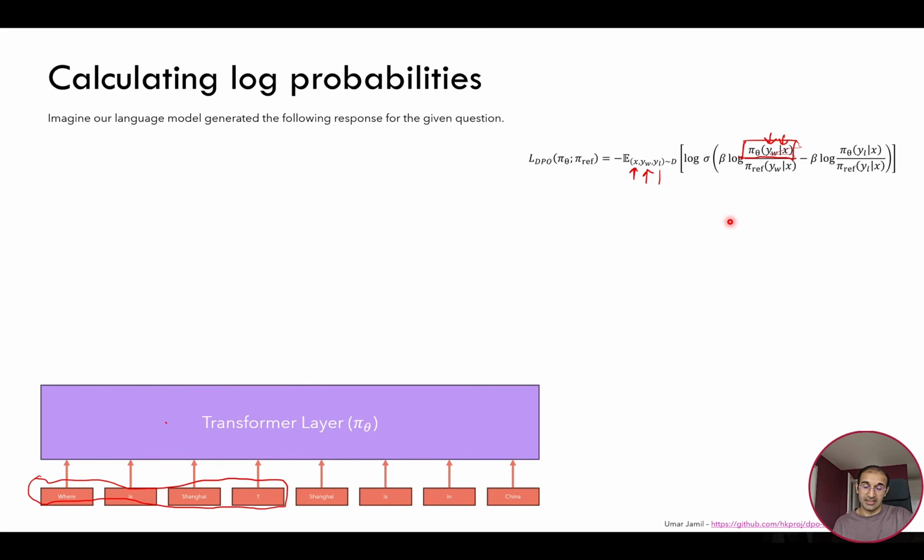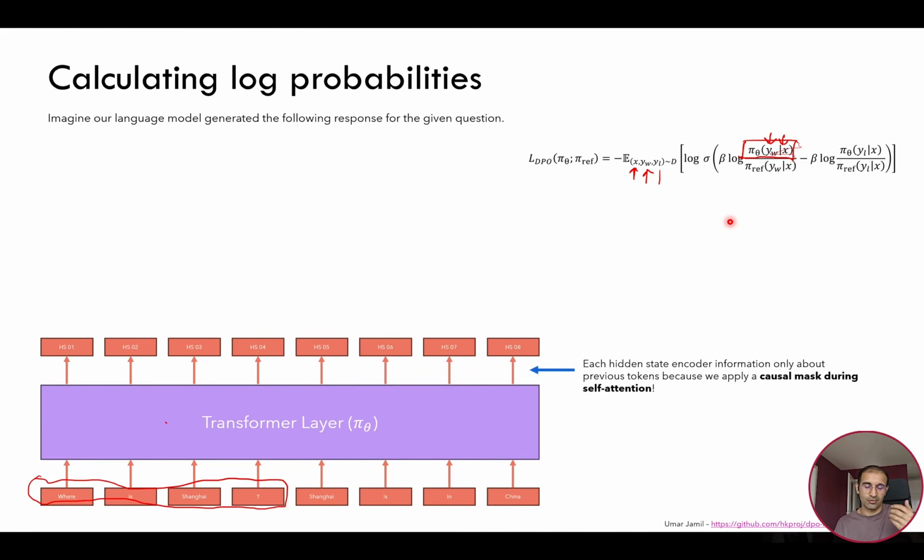The language model is a transformer model in most cases, and as you know, the transformer model generates some hidden states. So it takes some input, which are embeddings, and it outputs some embeddings that are contextualized according to the self-attention mask. If you don't know how this works, I highly recommend you watch my previous video on the transformer, in which I show the self-attention mechanism.